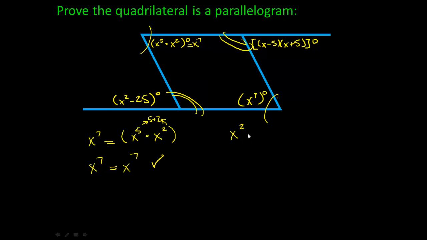x squared minus 25, does that equal x minus 5 times x plus 5? Well, you could factor it out if you wanted to, or you can see if using FOIL on this works. So first, x squared.